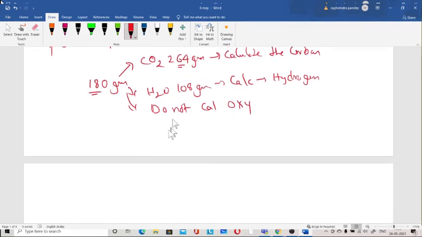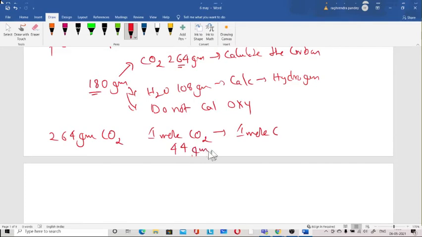I will just give you an example, then I will give you a question to solve. Now consider 264 gram CO2. How to calculate carbon from it? 1 mole CO2 means 1 mole carbon, or I can write 44 gram CO2 is equal to 12 gram of carbon. 44 gram is the weight of CO2, 12 gram is the weight of carbon.